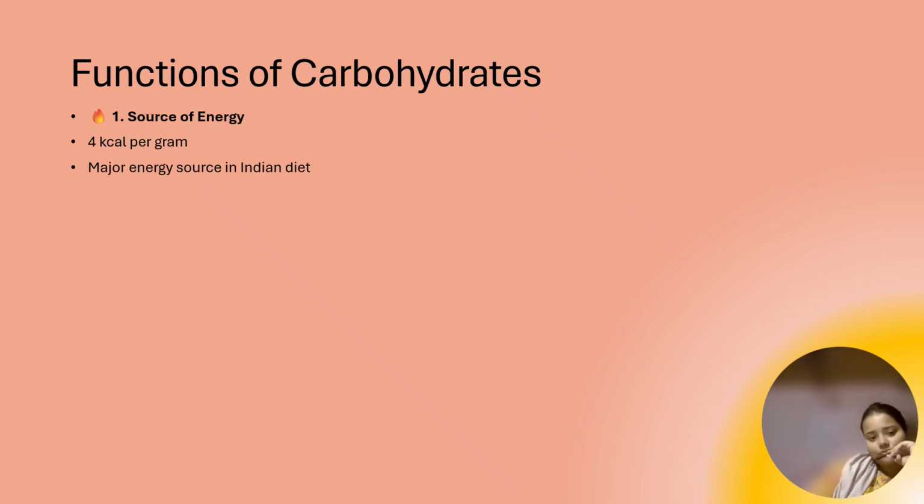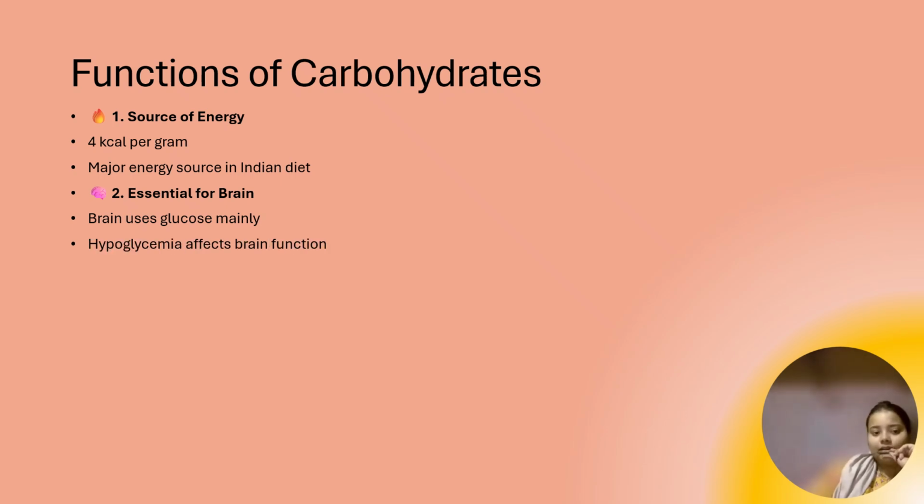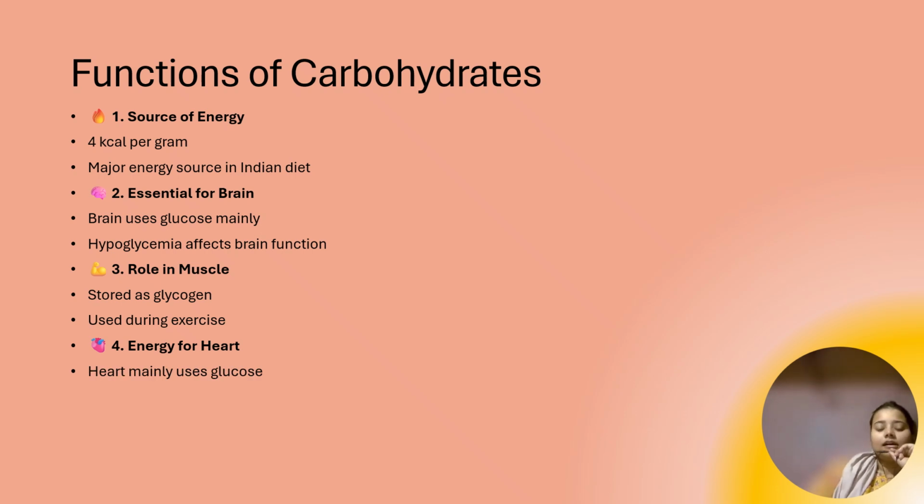Major source of energy in the Indian diet, essential for the brain. The brain mainly uses glucose. Hypoglycemia affects the brain function. Third is the role in muscle: stored as glycogen, used during exercise. Energy for the heart: the heart mainly uses glucose. Protein sparing action: prevents protein from being used for energy.